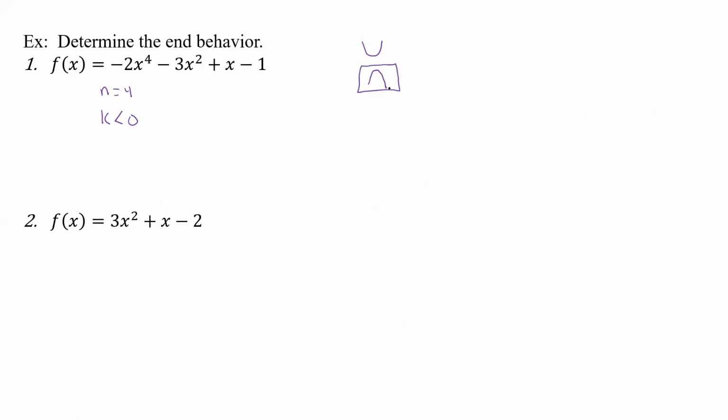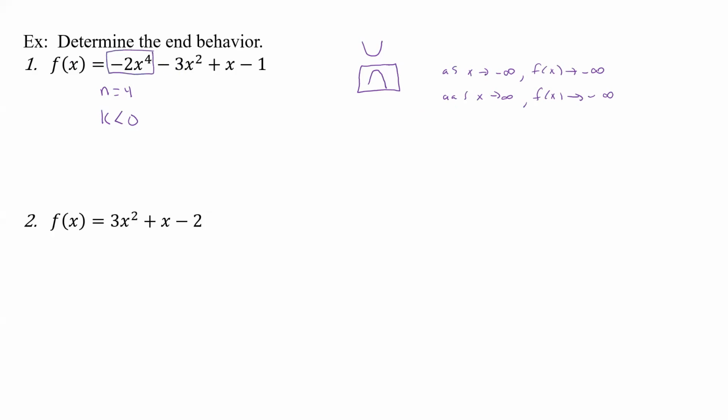As x goes to -infinity, f of x goes to -infinity. And as x goes to +infinity, f of x also goes to -infinity. That all comes from that first leading term.